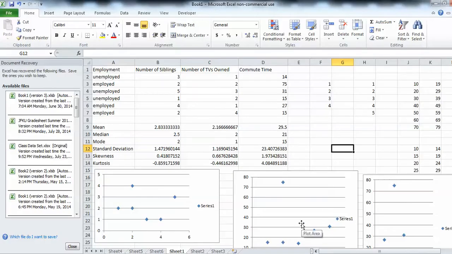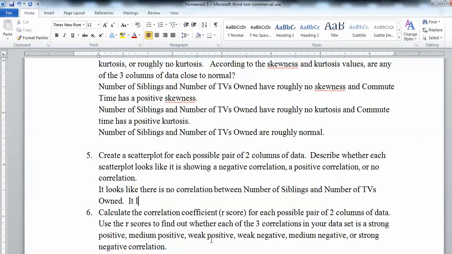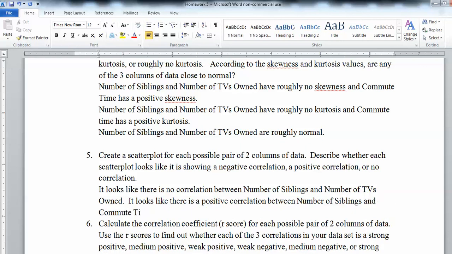It looks like there's a positive correlation between number of siblings and commute time, which is my second scatter plot. And I said that it looks like there's no correlation between the third one, number of TVs owned and commute time.